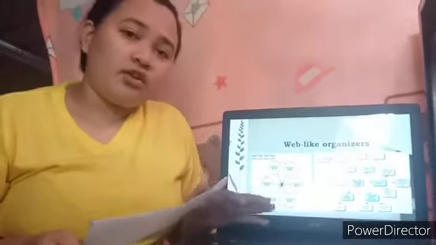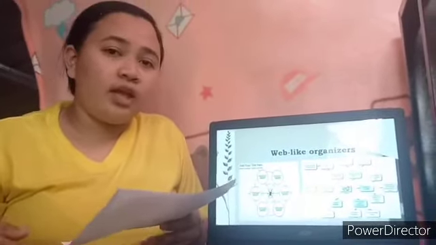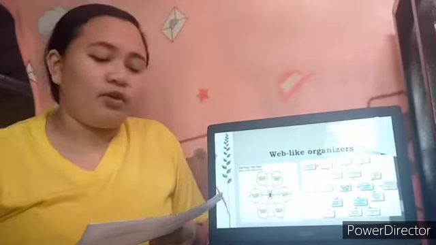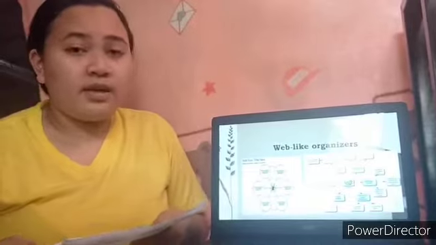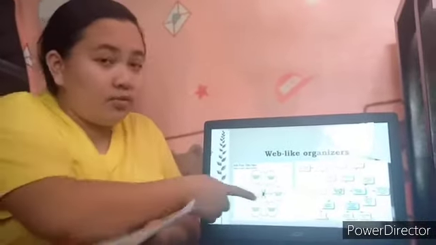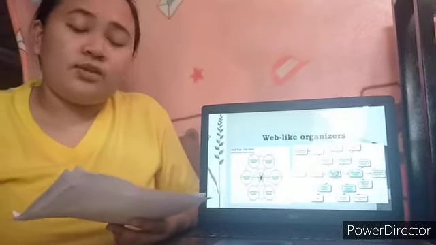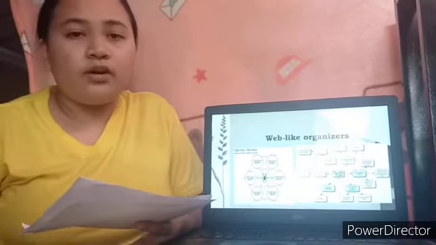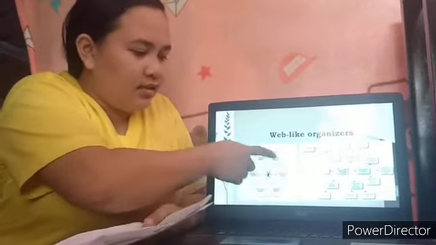A web-like organizer, or spider map organizer, is a brainstorming or organizational tool that provides a visual framework for students to use. A spider map has a main idea or topic in the center, or at the body, and each detail or subtopic associated with the main idea has its own leg or branch surrounding the main idea.